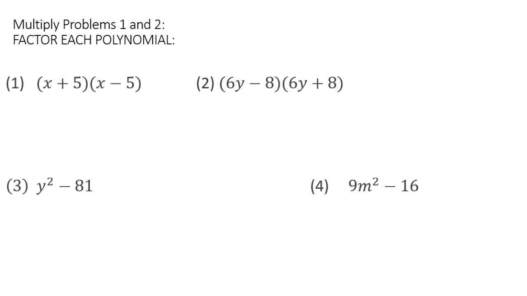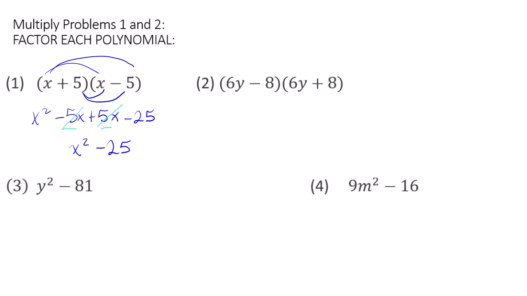Okay, so if we look at number one here, if I FOIL this, x times x is x squared, x times negative 5 is negative 5x, 5 times x is positive 5x, and 5 times negative 5 is negative 25. So we can see that these like terms, negative 5x and 5x, cancel out, and we're left with x squared minus 25, right?